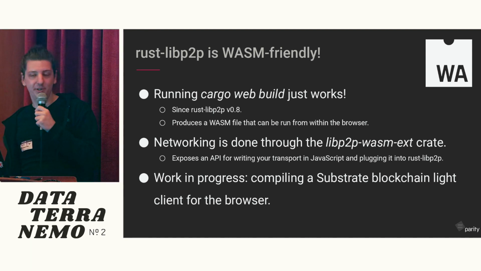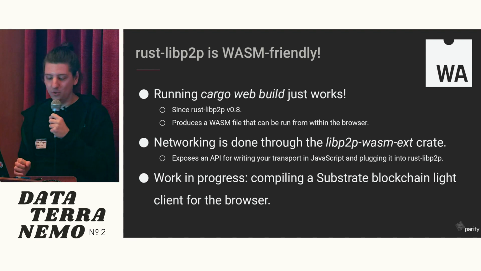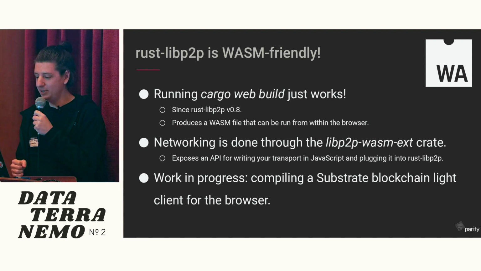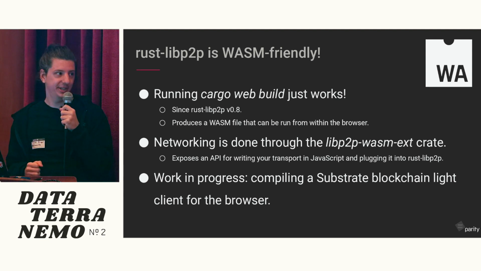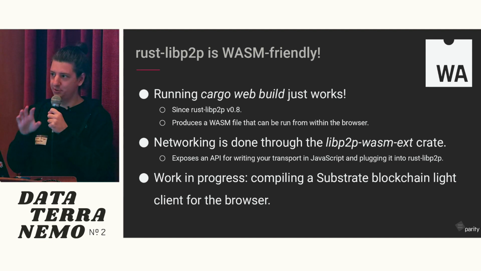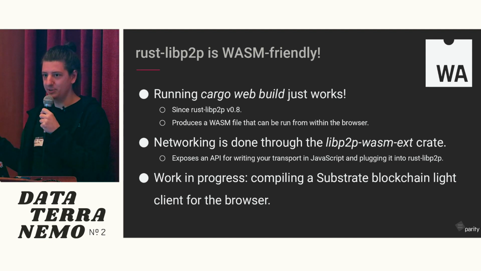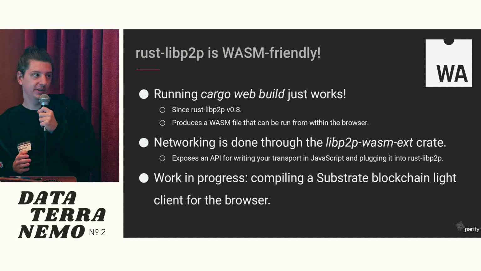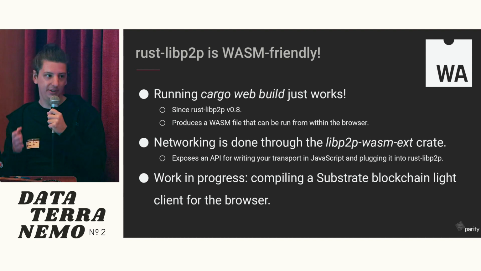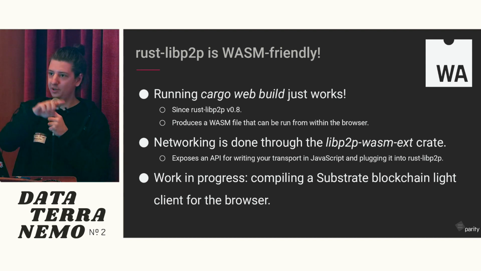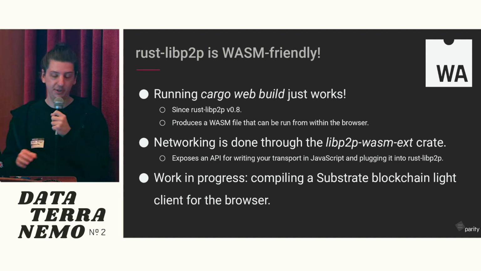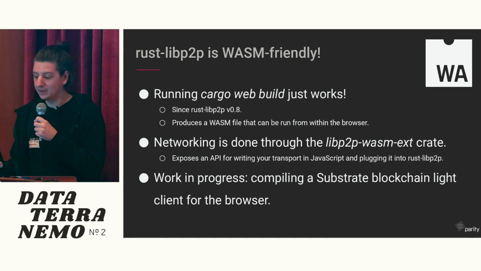And this WASM file runs in the browser. How we do networking is through the p2p-wasm-ext crate. So you write your transport layer, for example WebSockets. You write a small compatibility layer between Rust DP2P and the browser API. You write that in JavaScript, you give that to Rust DP2P, and it can use that.